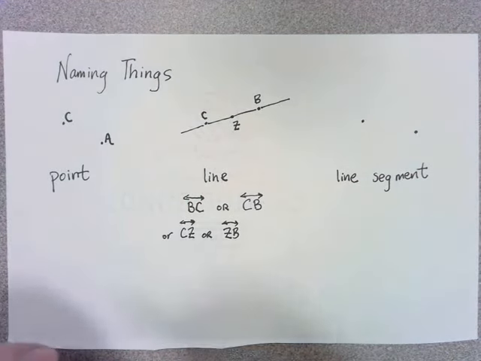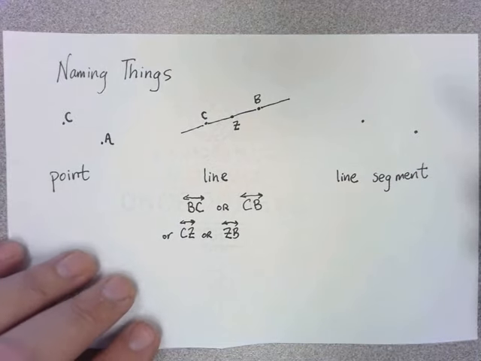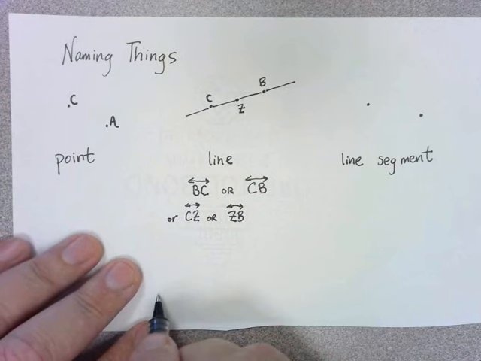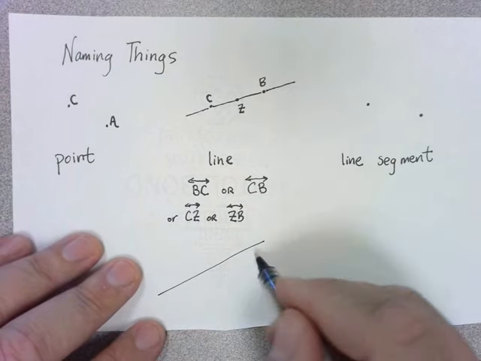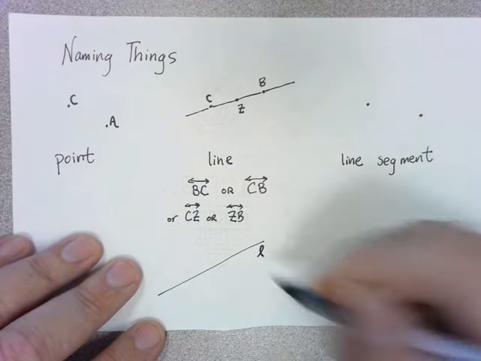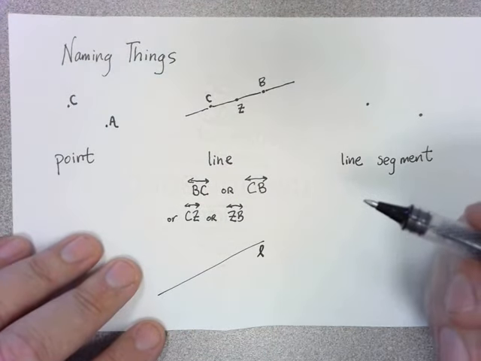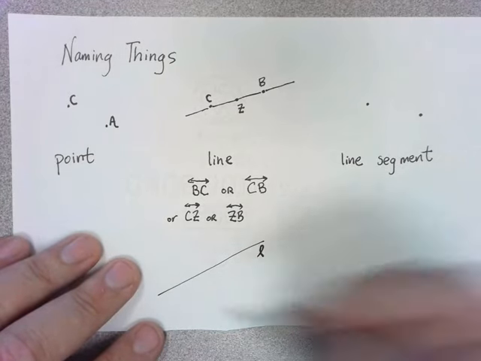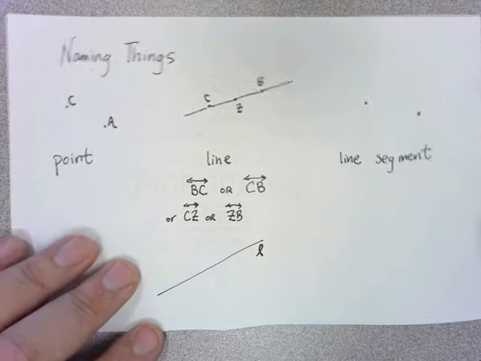Occasionally, we will talk about a line without having to drop points on it. In that circumstance, if I just want to talk about the line and I'm not really interested in putting points on it, we use lowercase cursive letters, typically L or M, to name the line. So I would say this is line L, okay? Or if I put an M, it would be line M.